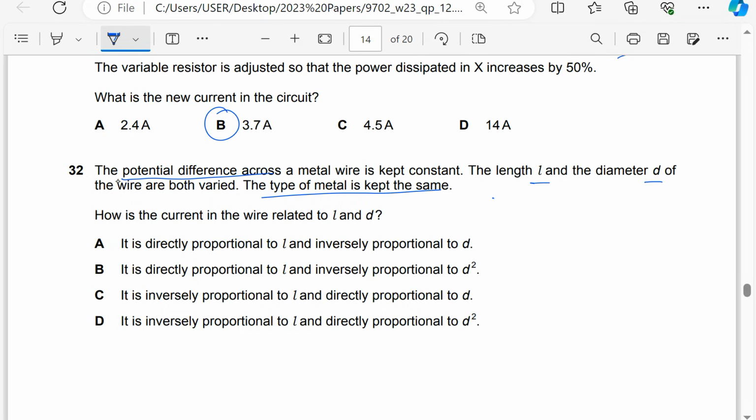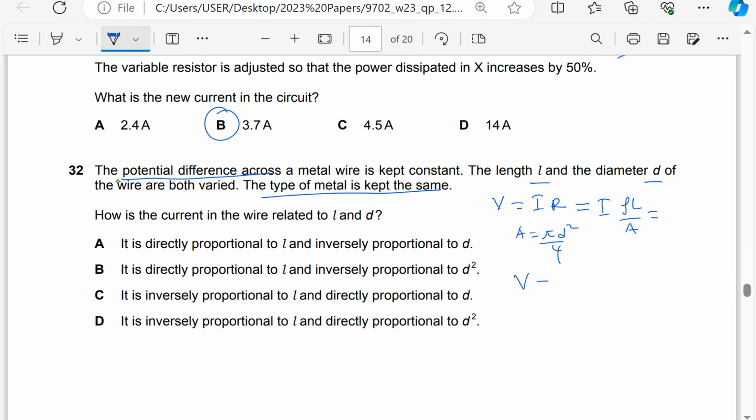Okay, so remember V is equal to I times R. Remember, resistance is resistivity times length over cross-section area. So V is equal to I rho L over A. And remember, area is pi d squared over 4.